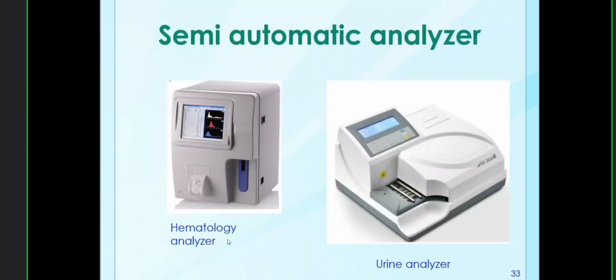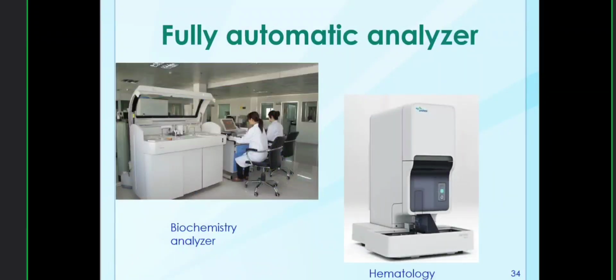For example, we can just determine 18 items about the blood in this semi-automatic analyzer. And using these urine analyzers, we can test just 8 items.